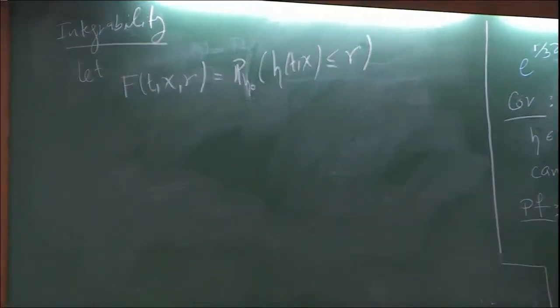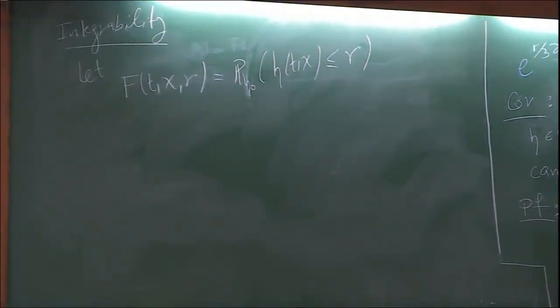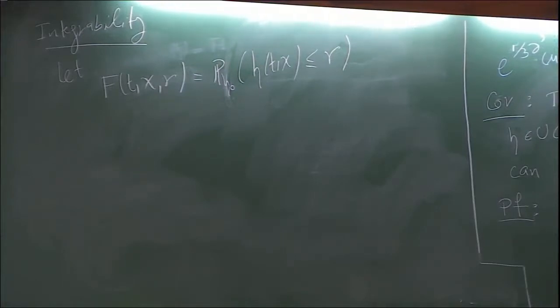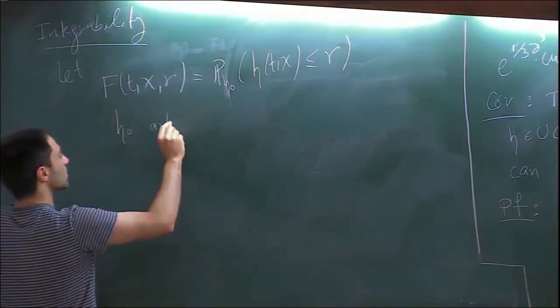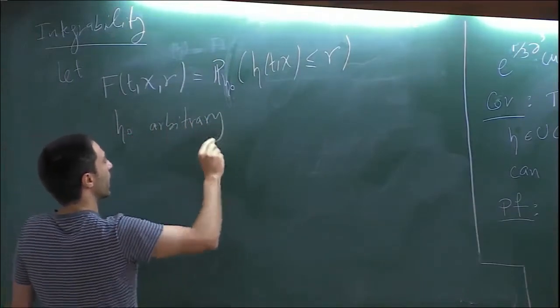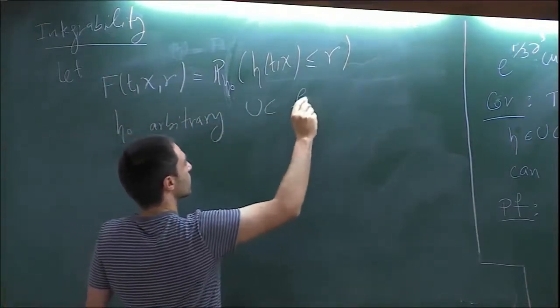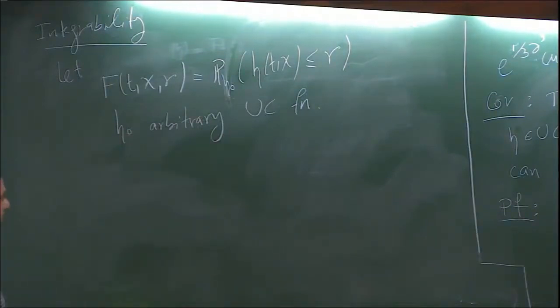So just the distribution function, but it depends on three variables, t, x, and r. Okay? And H0 an arbitrary UC function. So what we just saw is the following.